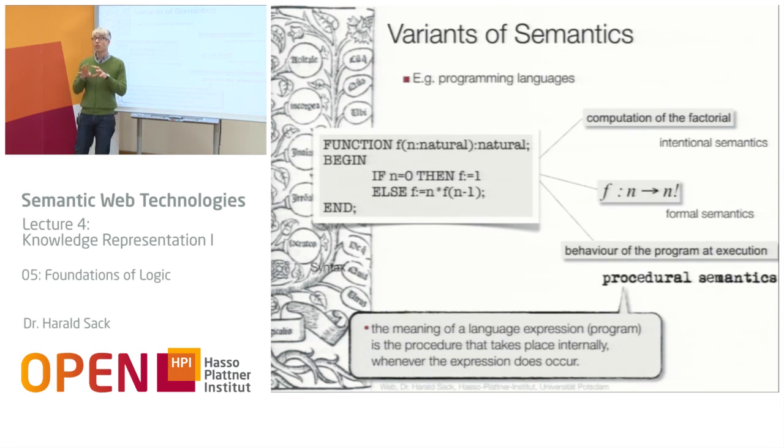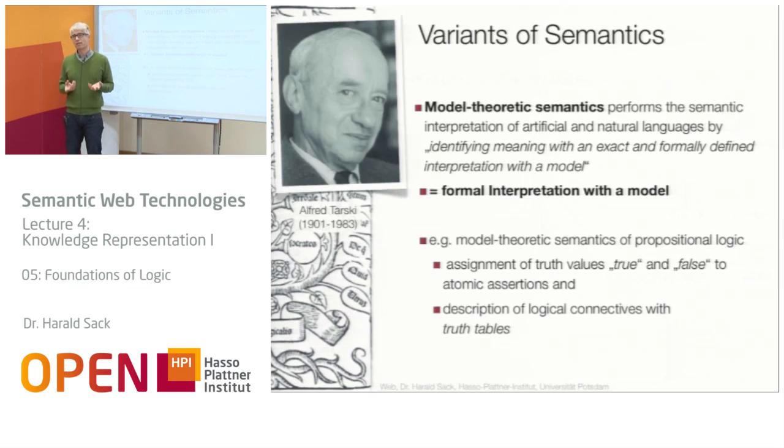We will see that for logics, the most important semantics for us is the so-called model theoretic semantics that has been introduced by Alfred Tarski. And the model theoretic semantics performs semantic interpretation of artificial or human or natural languages by identifying meaning with an exact and formally defined interpretation, with a model. So therefore, model theoretic semantics.